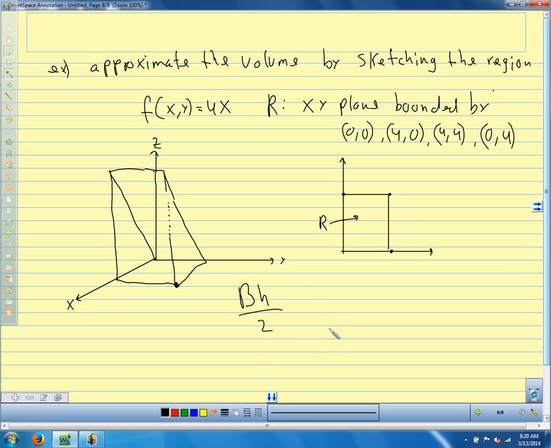So what's the area of the base of this prism? 16. What's going to be the height? z equals 4x. So here x equals 4, so z equals 16.